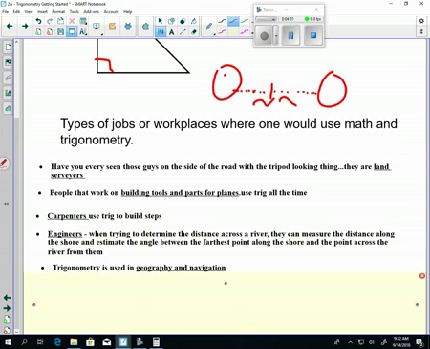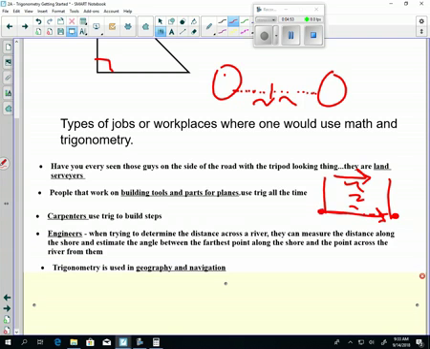If you have a river here and you want to know how far it is between the two, say you want to know how far it is from here to here, you have something you can recognize, say a house or a building, and you want to know how far across it is.